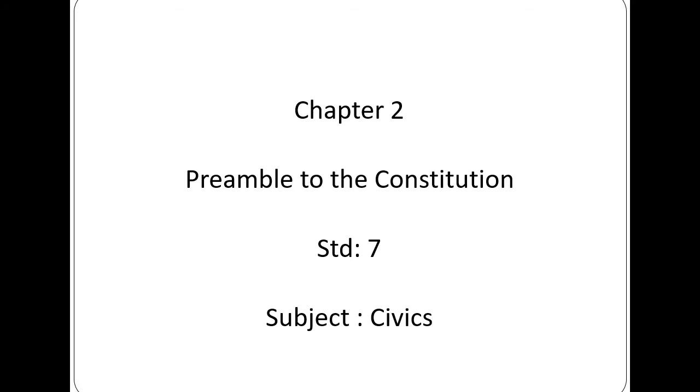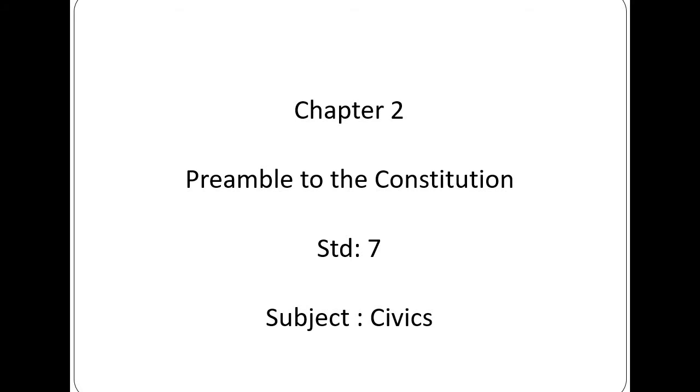For example, if we take a textbook, let us say a history textbook of 7th standard, you get a preface. The first page, there is preamble of the Constitution.